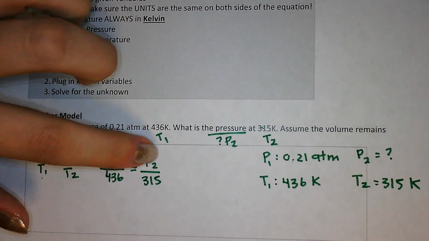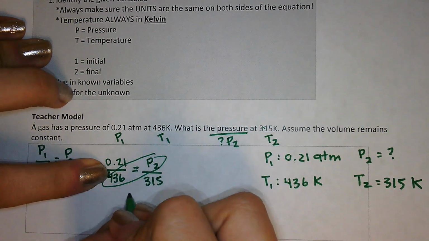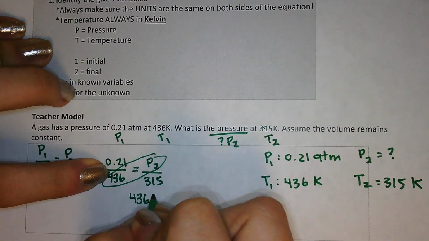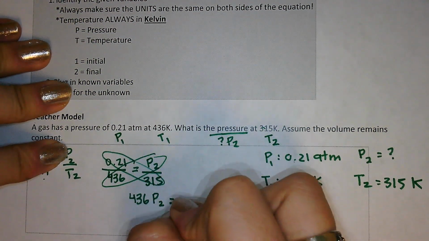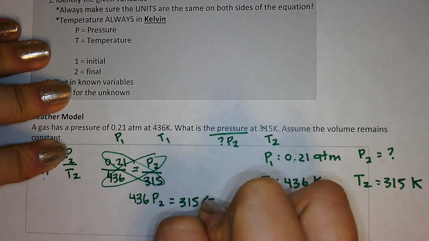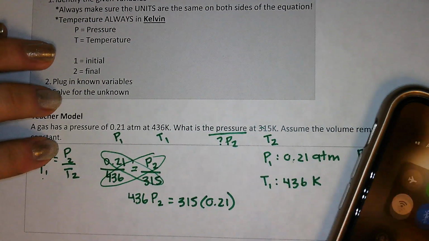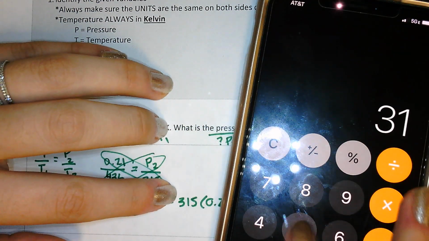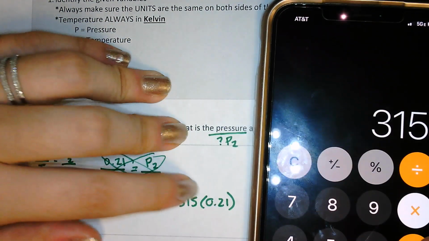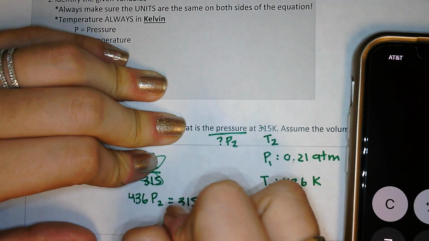To solve for P2, I cross multiply, so 436 times P2 is equal to 315 times 0.21. And now I just have to multiply. So 315 times 0.21 is 66.15.